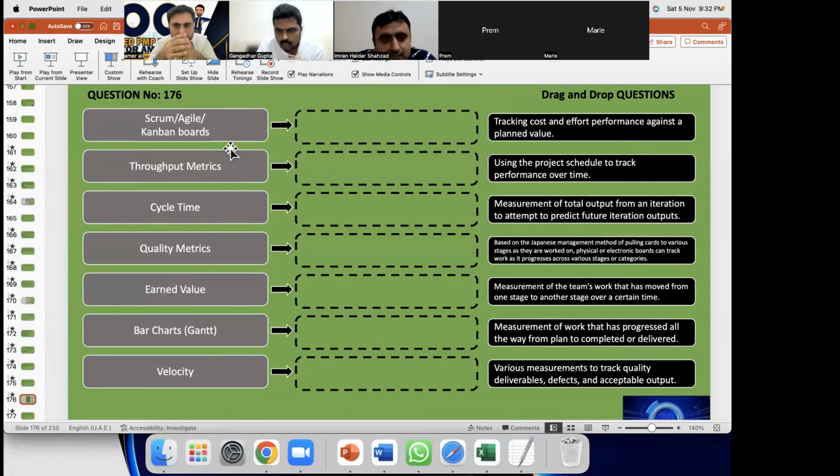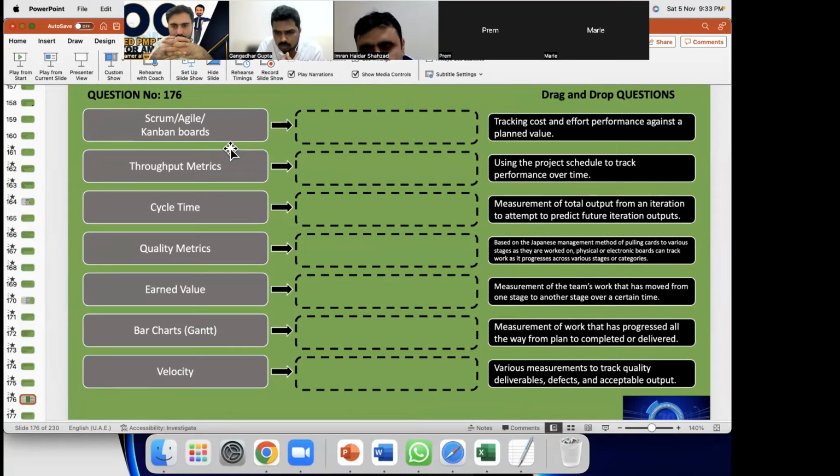Tracking cost and effort performance against a planned value. Kanban, throughput metrics, cycle time, quality metrics, earned value, bar charts, Gantt, velocity. First, I'll go one by one. After that I'll select. Use the project schedule to track performance over time.